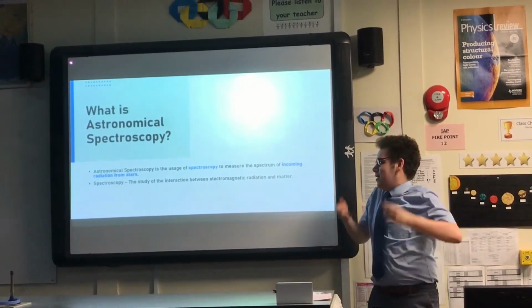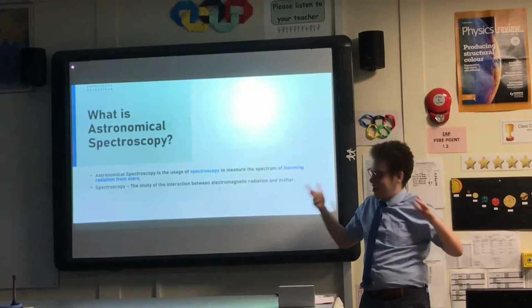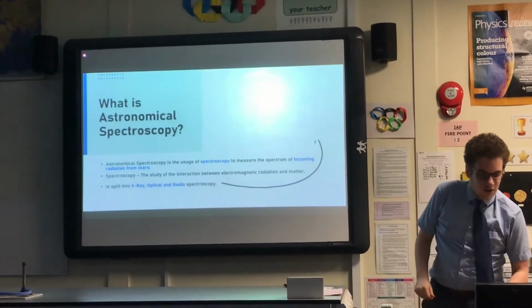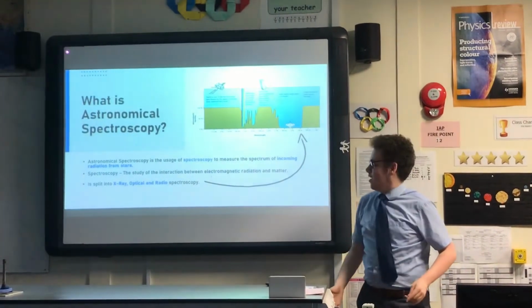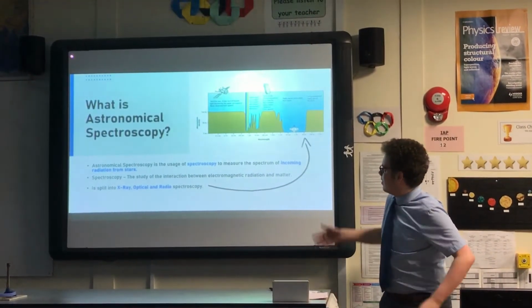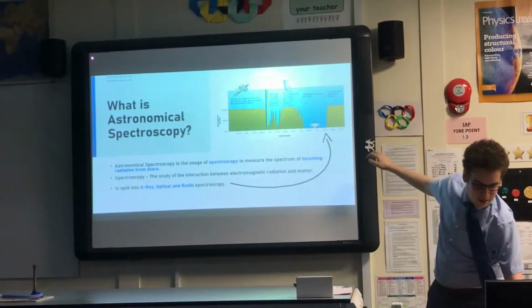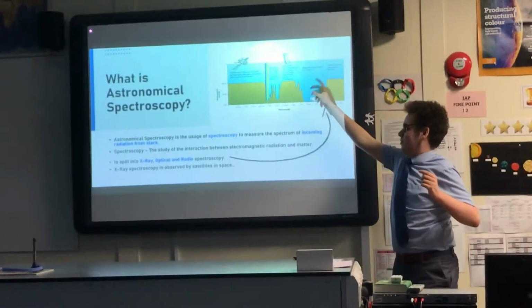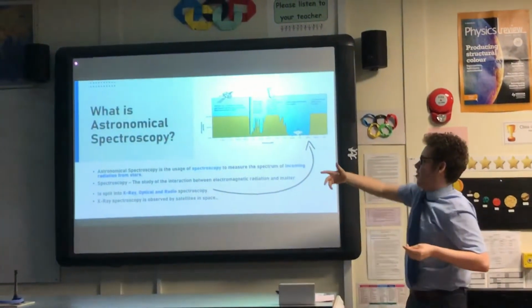Spectroscopy is the study of interaction between electromagnetic radiation and matter. That's why I said type there. So this is split into X-ray, optical, and radio. And this is because of varying levels of different electromagnetic radiation that's absorbed by our atmosphere.